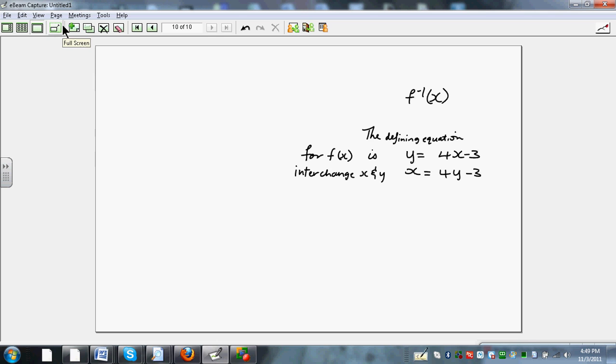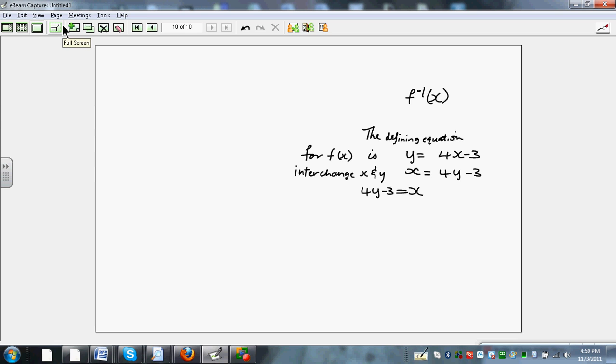That's the second step. The third step is to make y the subject of the formula, which means get y on one side and everything else on the other side. So from here, I could say that 4y minus 3 is equal to x.